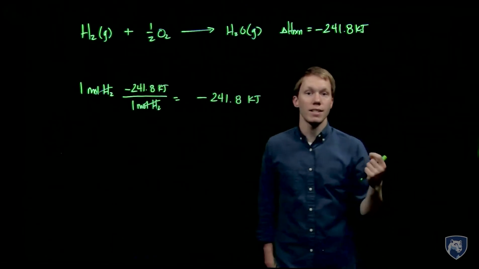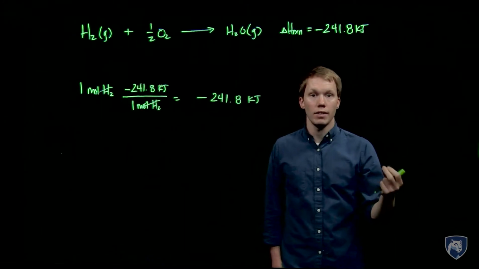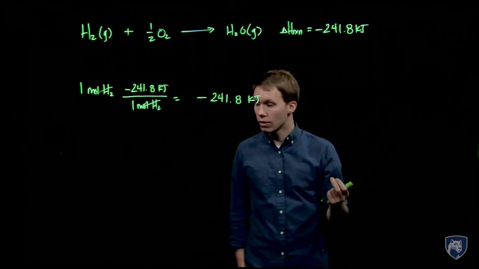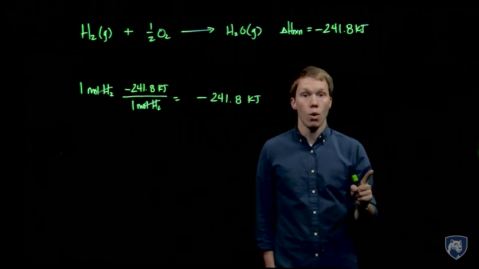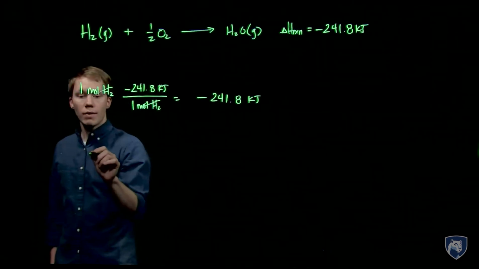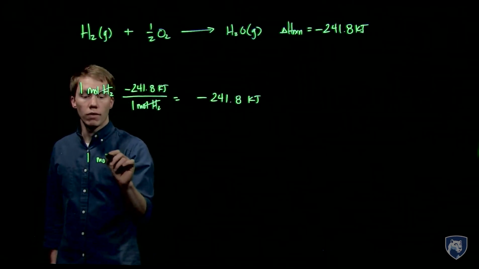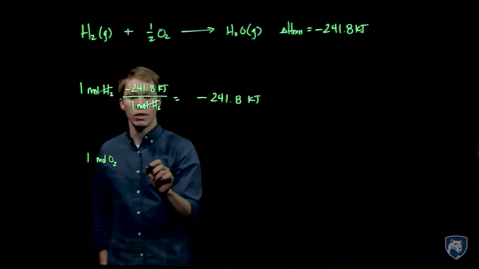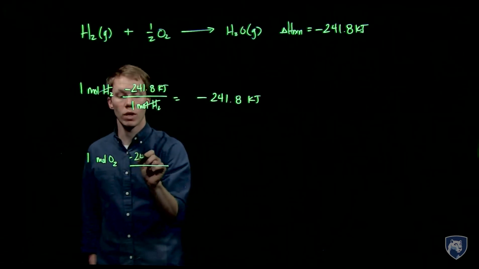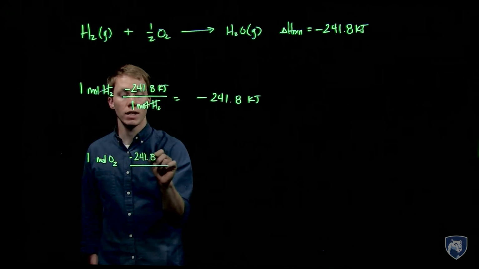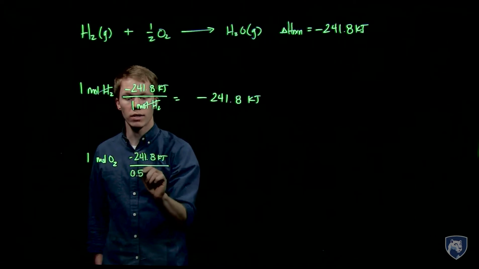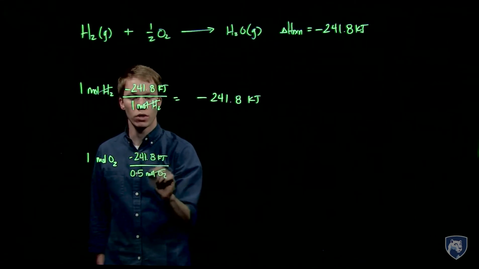All right, now let's take another little step forward and say, well, let's try to calculate the heat released when 1 mole of oxygen is consumed. So we'll start like we did before, 1 mole of oxygen. And then looking at my thermochemical equation, I have negative 241.8 kilojoules per 1/2 mole oxygen, so I'll say 0.5 moles of O2.